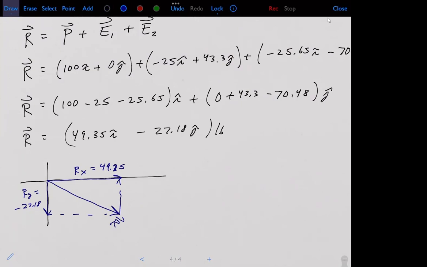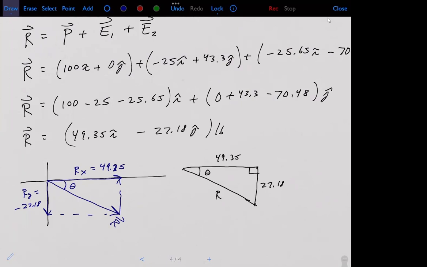And we want to find the magnitude, and we want to find this direction. So again, if I extract out that right triangle, now that I'm just dealing with triangles, I can just keep these as positive, right? This is 49.35. This is 27.18. I want to find R, that magnitude. I want to find this angle, theta.